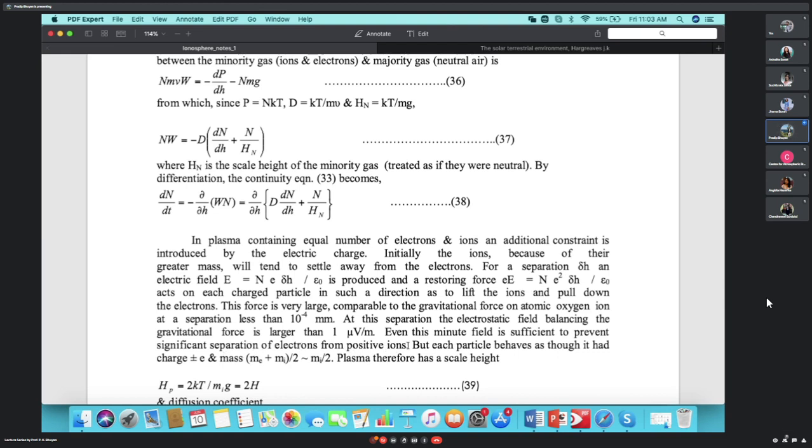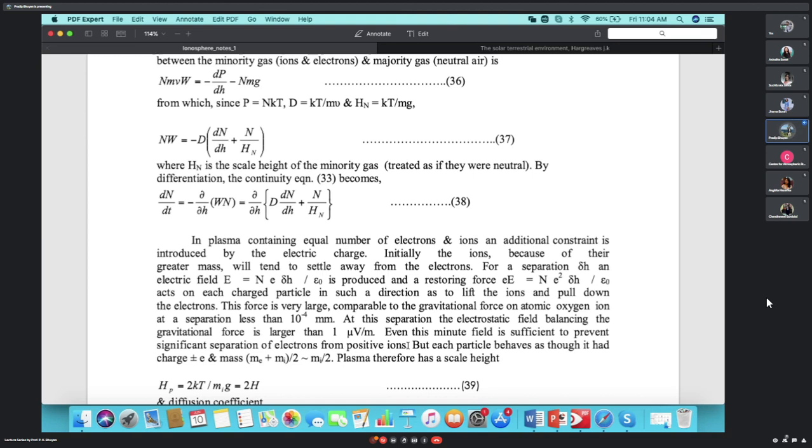That is the point. What this text tries to say is that because of the action of gravity, the ions and electrons will separate, ions lower and electrons higher. And once they are separated, an electric field will be generated or set up.